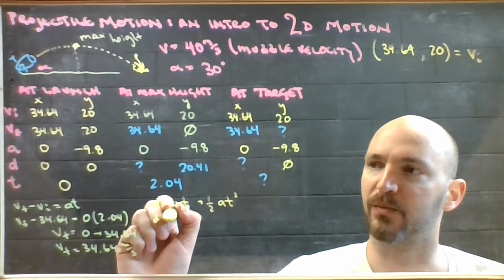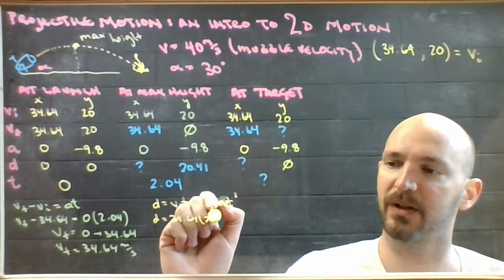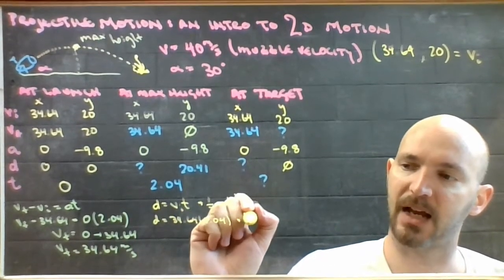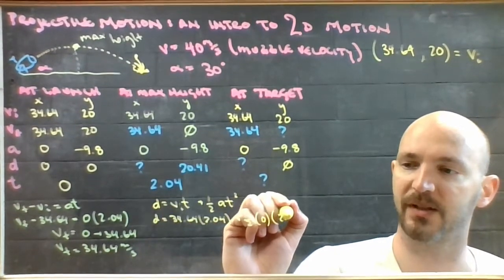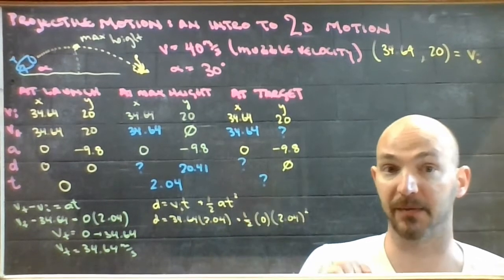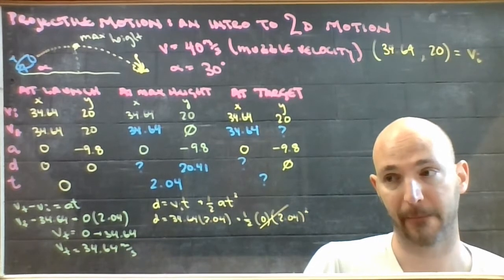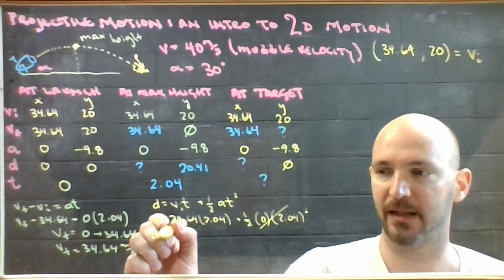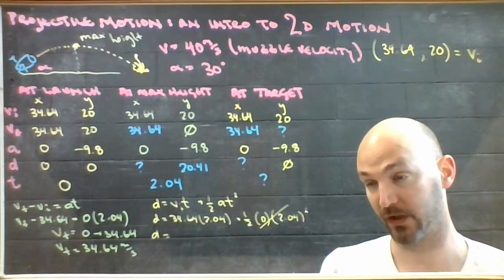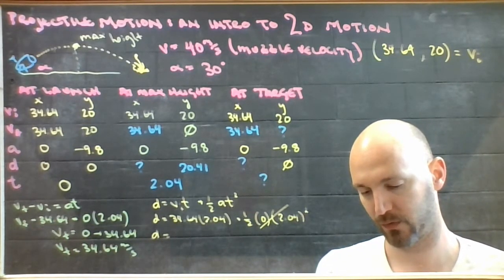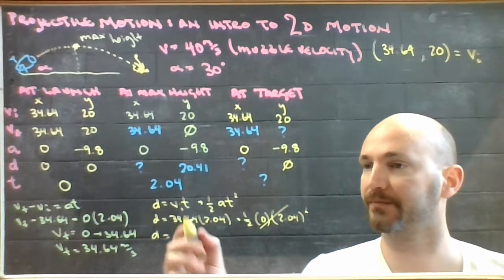So distance would be 34.64 multiplied by 2.04 plus 1/2 of the acceleration, which is 0, multiplied by 2.04 squared. It's the time squared. Notice that 1/2 times 0 times this number is gone. So my distance ends up being 34.64 multiplied by 2.04, which is 70.69 meters.